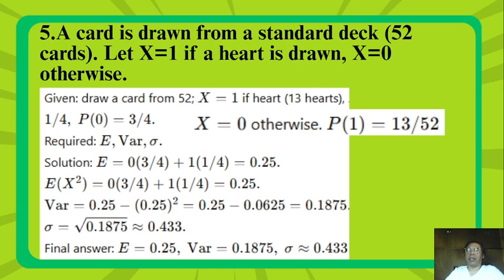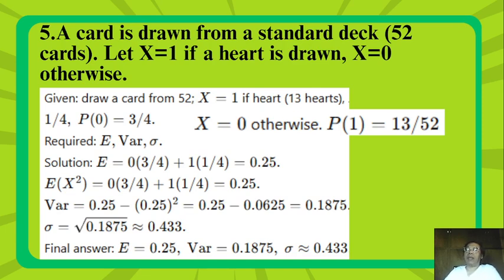So we are required to determine the expected value, the variance, and then the sigma. So our solution, our E is 0 times 3 over 4 plus 1 times 1/4, equal to 0.25.